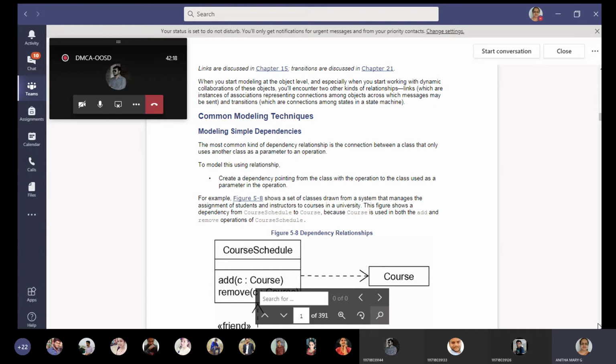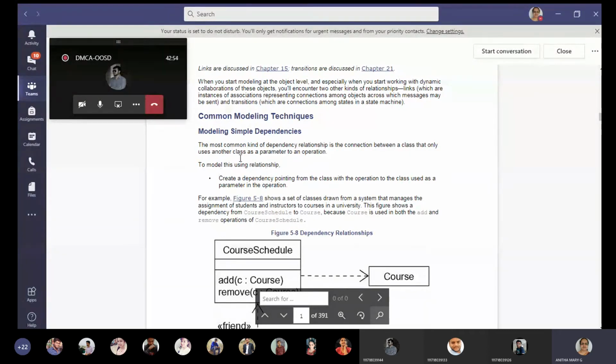If any two things depend on one another, or if a change in one thing affects the other thing also, then we give dependency. If it is a parent-child, inheritance relationship, we give generalization. If they are just associated, we can give association, and based on association you can give many adornments. So the same terminology with the concepts and terms we have studied. We'll quickly move on to common modeling techniques.